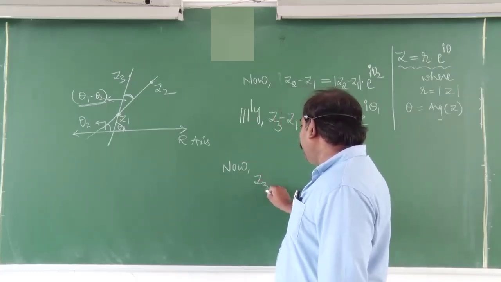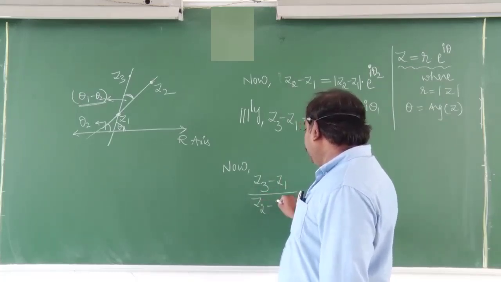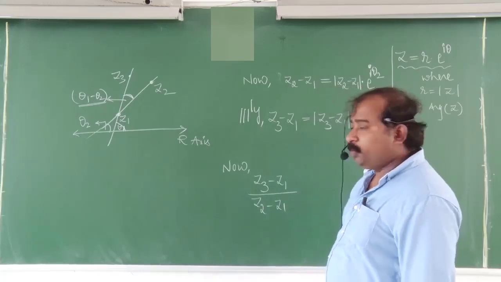Now my aim is to find Z3 minus Z1 by Z2 minus Z1. Tell me, what about this value?